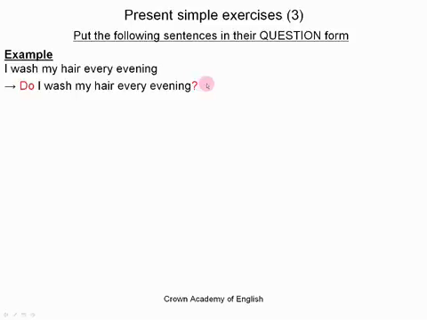And if you remember, the third person singular is the only one which changes, and we would say, does he wash his hair every evening? That would be if it was a third person singular. So anyway, let's have a look. Let's start the exercises for you.